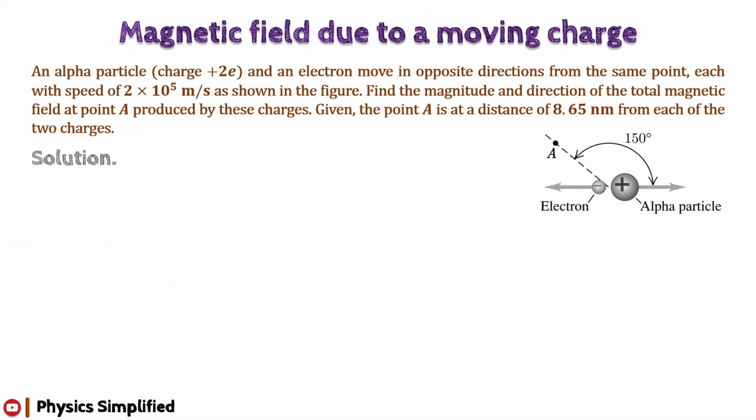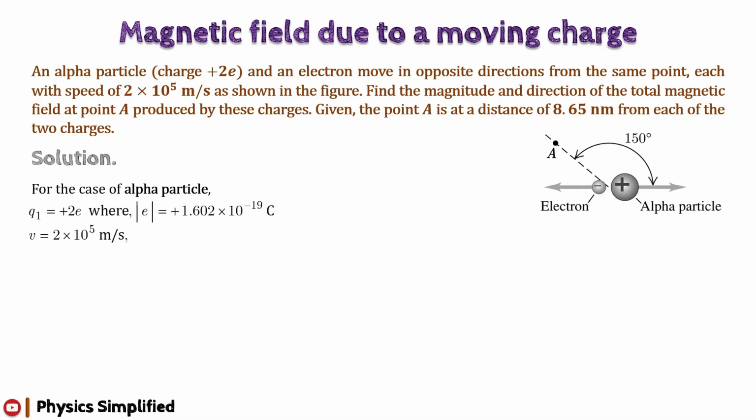From the given problem, we get the following data for the alpha particle. Charge of the alpha particle, denoted by Q1, is equal to plus 2e. Here, e is the magnitude of one electronic charge, which is equal to 1.602 × 10^-19 coulomb. Velocity, v, is equal to 2 × 10^5 meters per second.